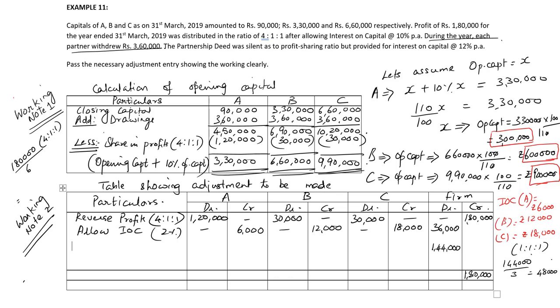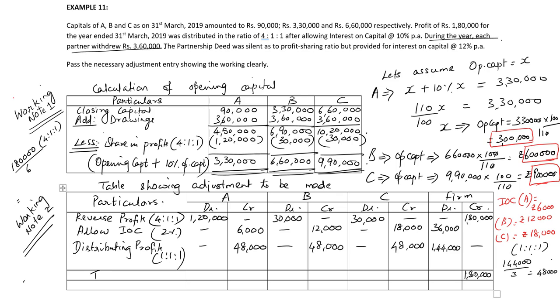I have debited the firm with 1,44,000, so I will credit the partners with this amount: 48,000 for A, credit; 48,000 for B, credit; and again 48,000 for C, credit. Since I have credited the partners and debited the firm, I will write here: distributing profits, and the correct ratio was 1:1:1.